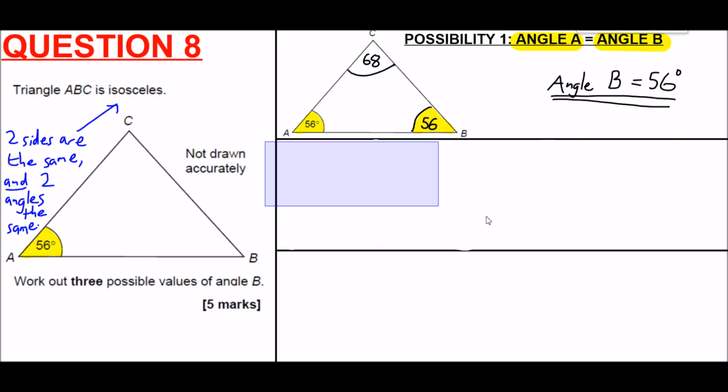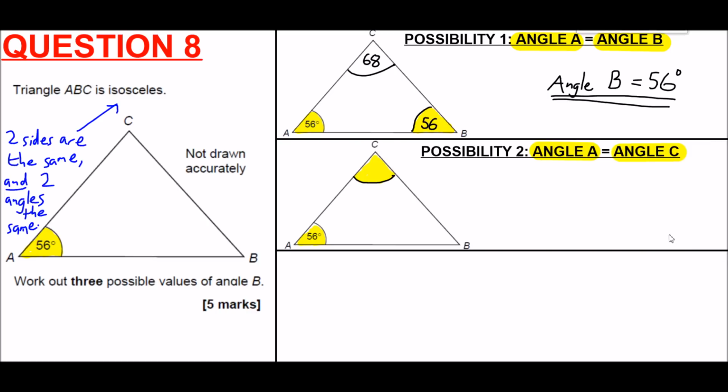But here's another possibility though. The other possibility we've got is that angle A and angle C are the same. And so if this were the case, then angle C up here would be 56, and angle B would be 180, take away 56, take away 56, which would be 68 degrees.